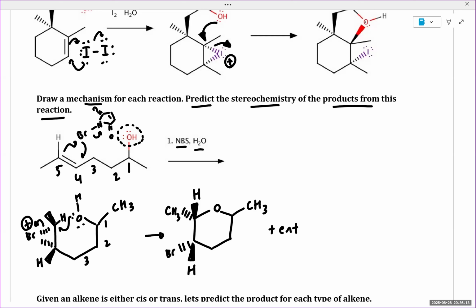Key thing I want you to keep in mind is that intramolecular reactions can occur, and it's important to know how to draw the mechanism for those intramolecular reactions. One last thing as a cleanup step, because this alcohol is still protonated, we're going to pull off this proton, and that in turn generates our final product.